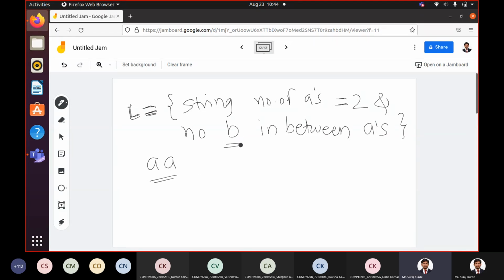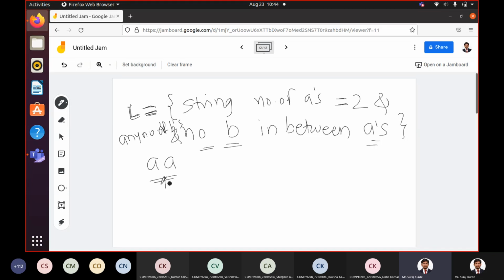Again, same condition: any number of B's, but no B in between A's. This is not the number of B. It is no B in between A's.